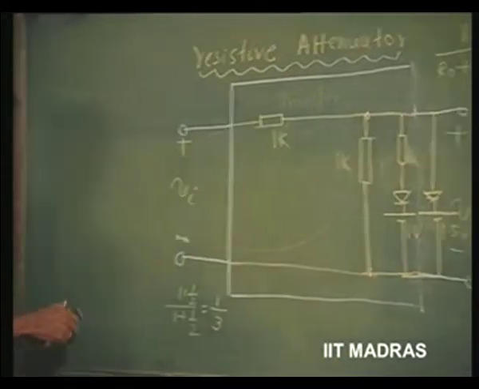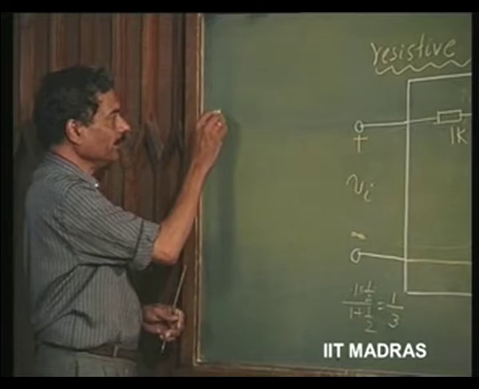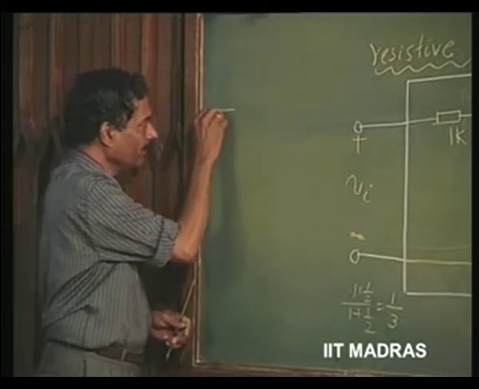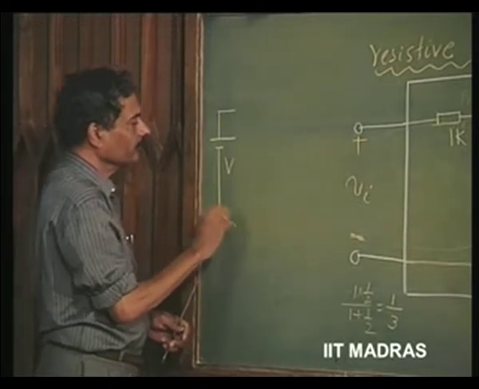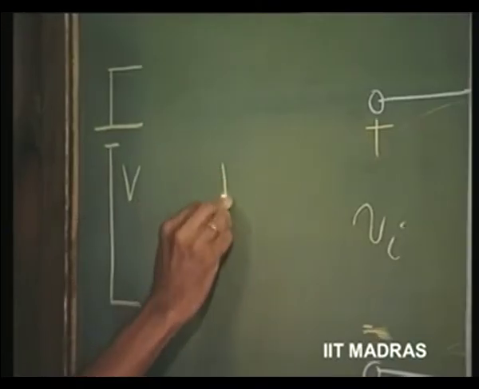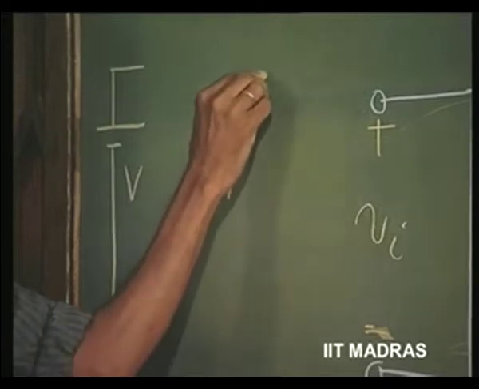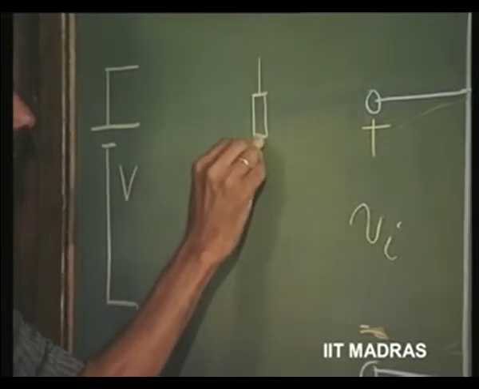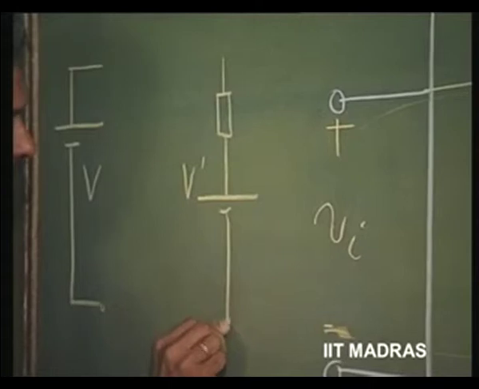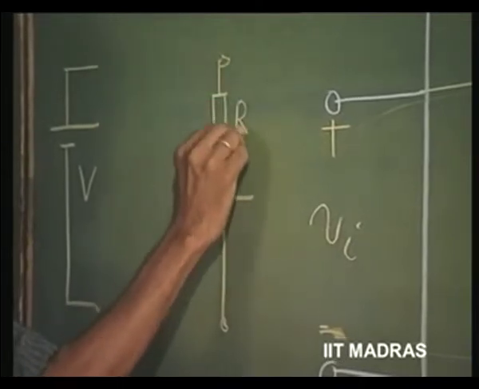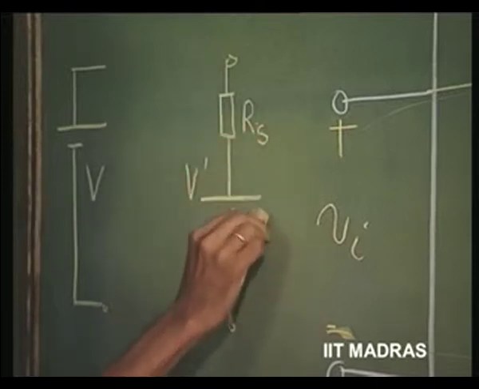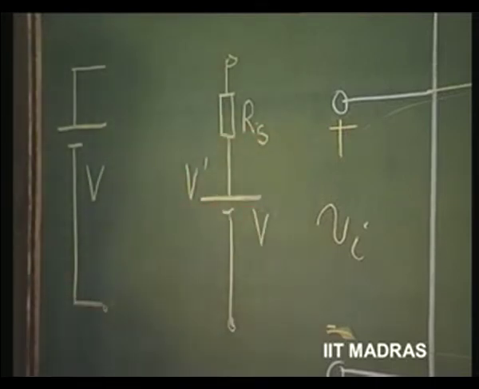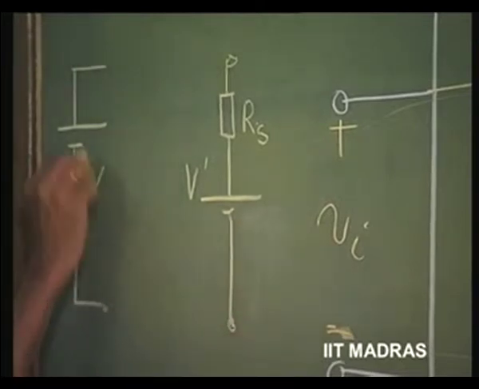So, how to obtain from a given battery of V volts any value V dash with a series resistance of R. This you have studied in your network theory, I am sure. So, how do you obtain this?